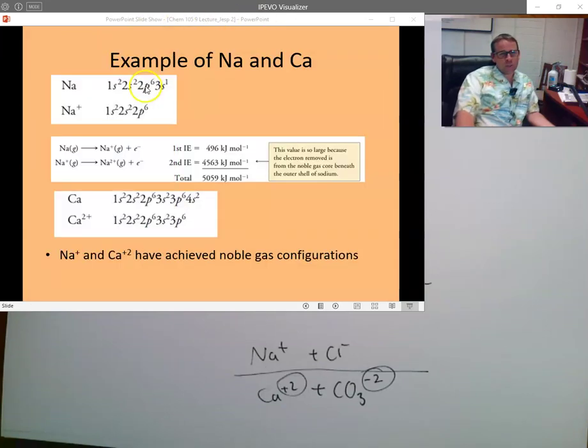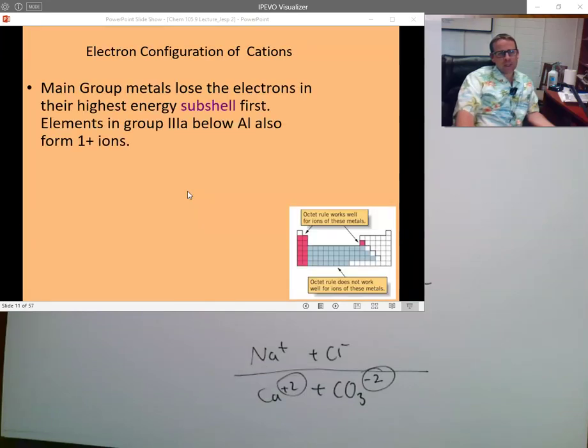What it essentially shows is that in this case here, for example, we have 6, 7, 8 electrons in our outer shell, right? The second shell. For calcium, forming a calcium ion, again, 3s2, 3p6, that's our 8 electrons in our outer shell.